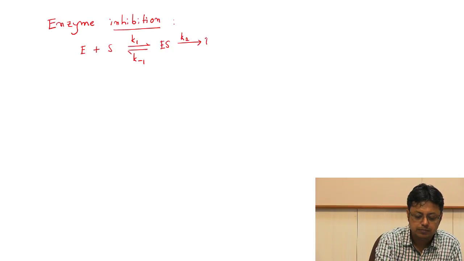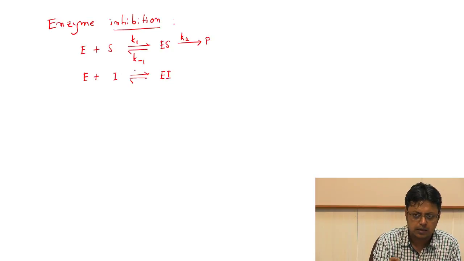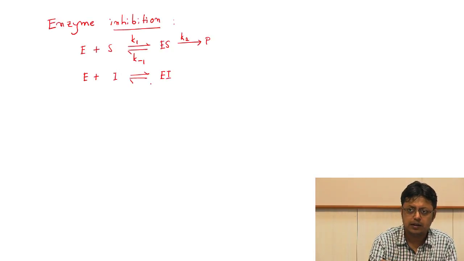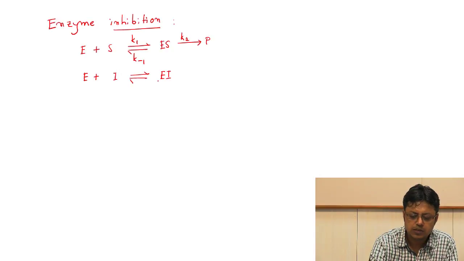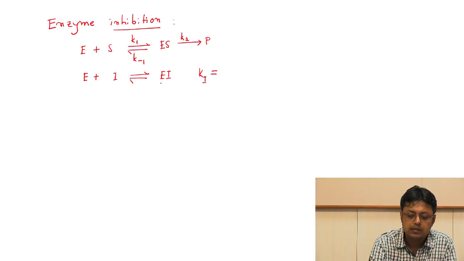Now the enzyme can also bind to an inhibitor, and we call that complex an enzyme inhibitor complex, and it has some equilibrium. Instead of writing the rate constants, you can just consider the equilibrium, and usually this equilibrium constant is written as Ki, because I means inhibitor, and the equilibrium constant is written in the reverse way, in the sense it is the equilibrium constant for the reverse reaction.